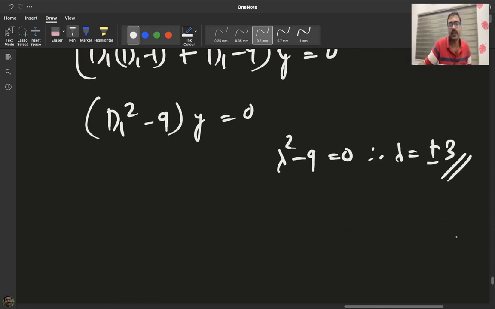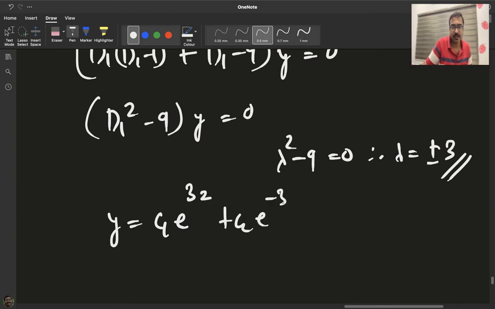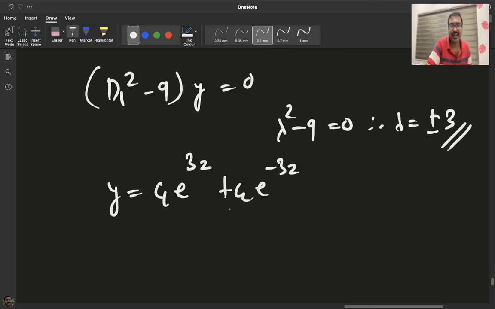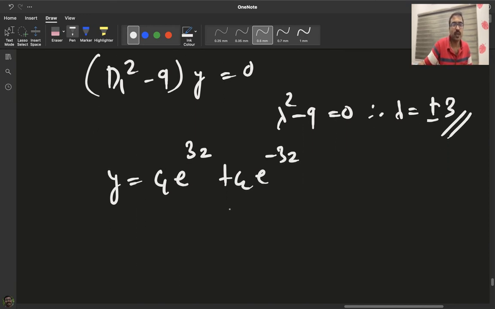Now I can write the solution as y is equal to c1 e raised to 3z plus c2 e raised to minus 3z. Remember, it is not 3x, it is simply 3z, because the independent variable is z only. Now I am going to give the values. Your x was e raised to z, so z is simply log x.